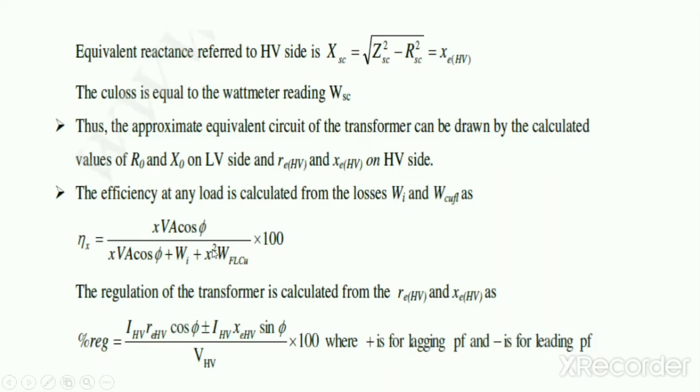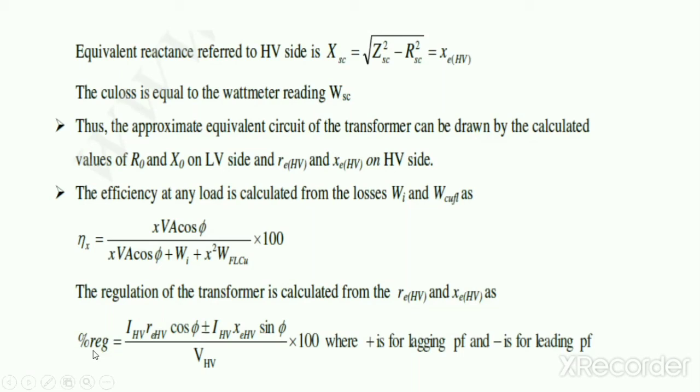We consider full load, that means 1, or half load means 1 by 2, 3 by 4th load means x is equal to 3 by 4, and W copper losses is obtained from the SC test.